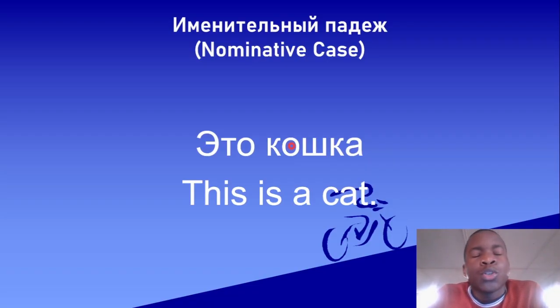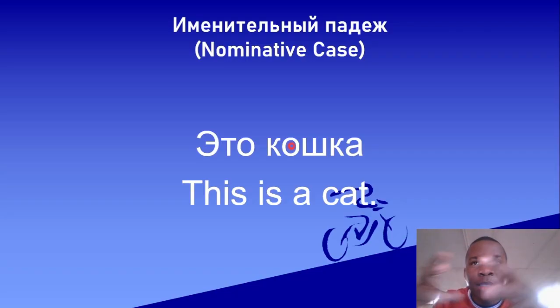So in this case, how I would want you to remember nominative is the normal way of speaking. When I'm saying the word koshka, it is a cat.